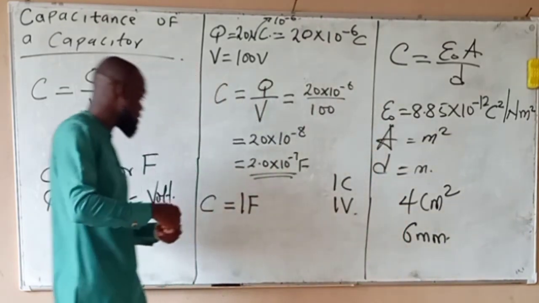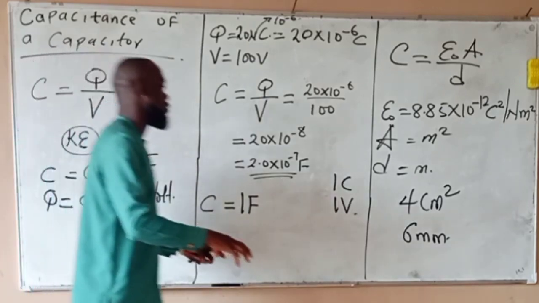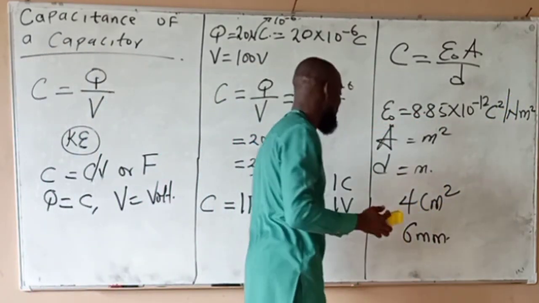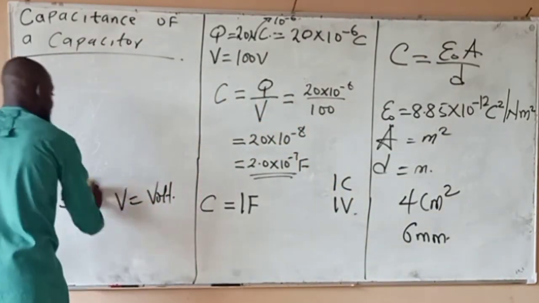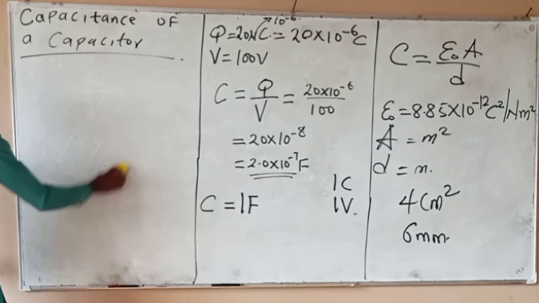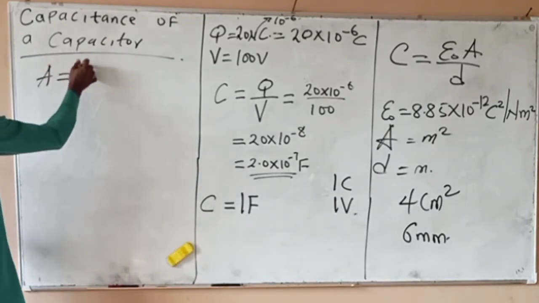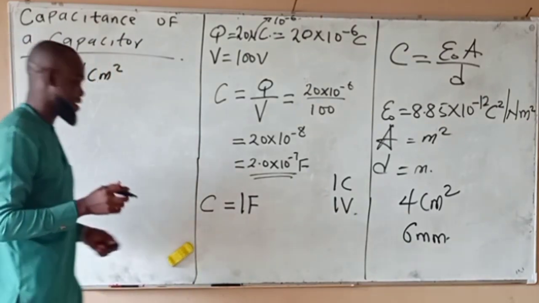Again: obtain the capacitance of a parallel plate capacitor of 4 cm square area separated by a distance of 6 millimeters. The area is 4 centimeter square.